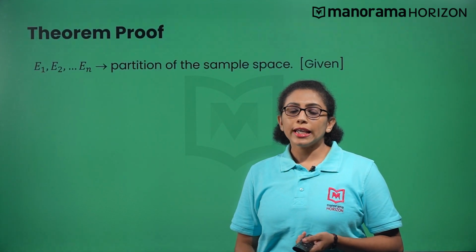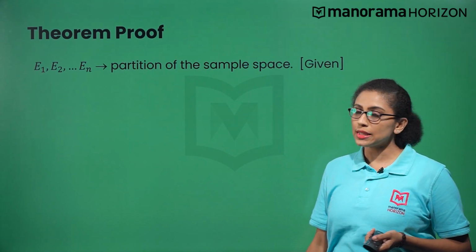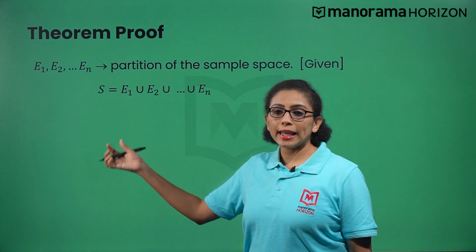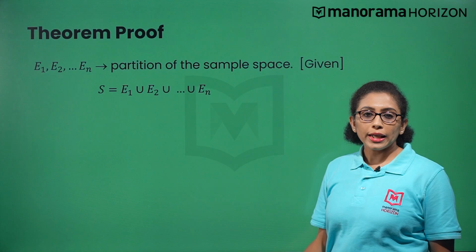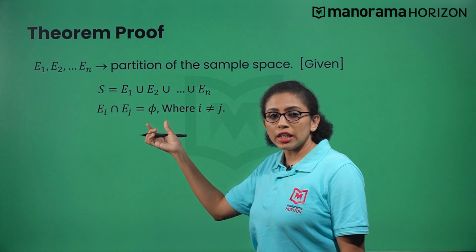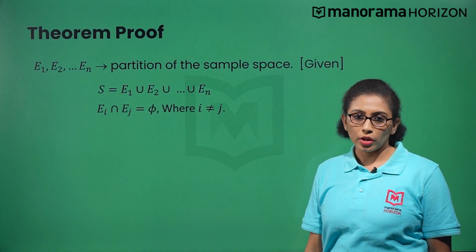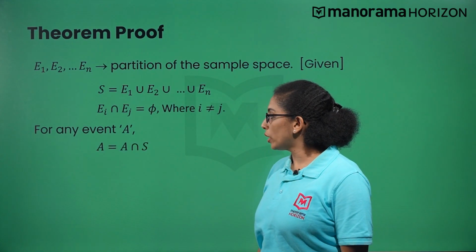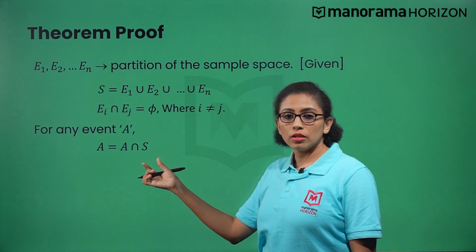Given that E1, E2 up to En is a partition of the sample space, we can write S = E1 union E2 union up to En. Again, Ei intersection Ej is equal to phi, where i is not equal to j. Now, for any event A, we can write A = A intersection S. Again, what is S?